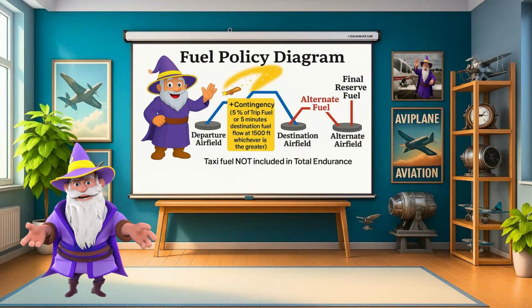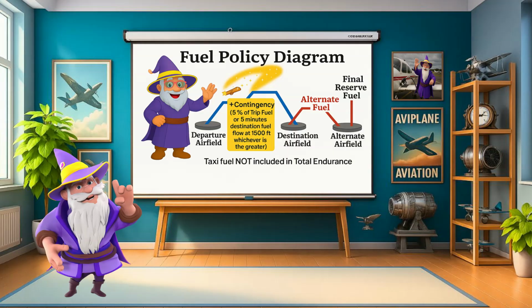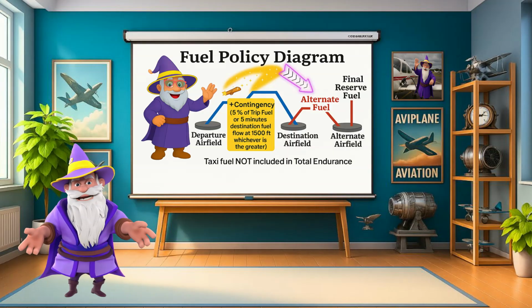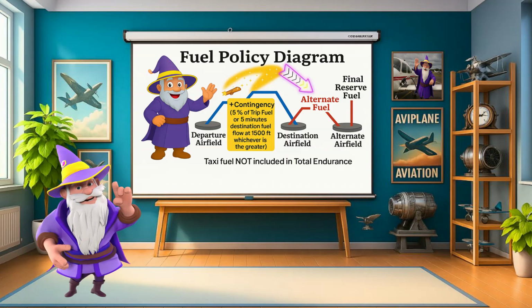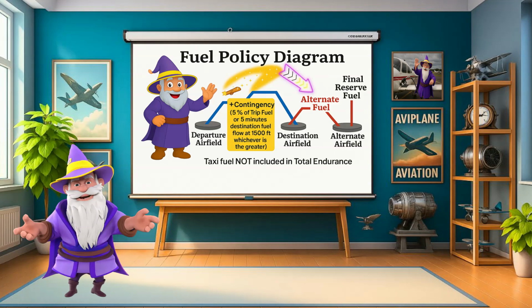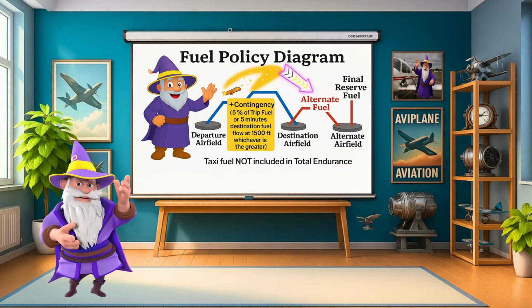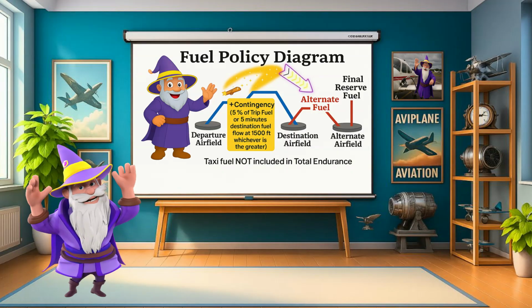Let's now talk about one of the hot topics of fuel management: alternate fuel. Alternate fuel is the amount of fuel required from the missed approach point at the destination aerodrome until landing at the alternate aerodrome.